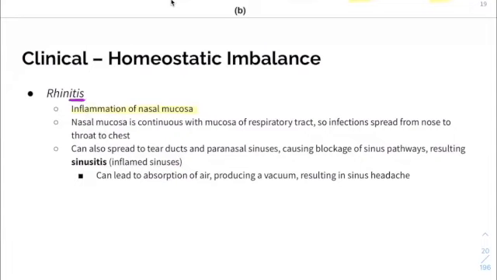And that nasal mucosa continues all the way down the back of your throat into your trachea. So it's continuous with that respiratory tract. So if you get some kind of infection in your nasal cavity, it can spread really quickly from that nose to the throat and even into the chest.